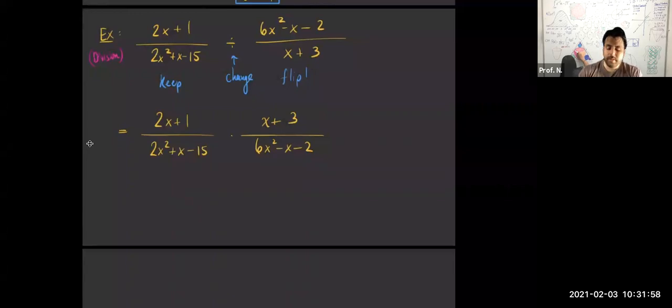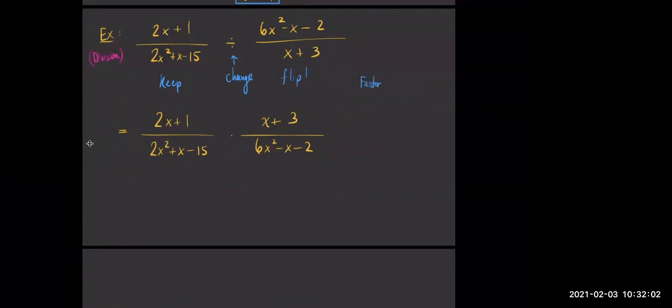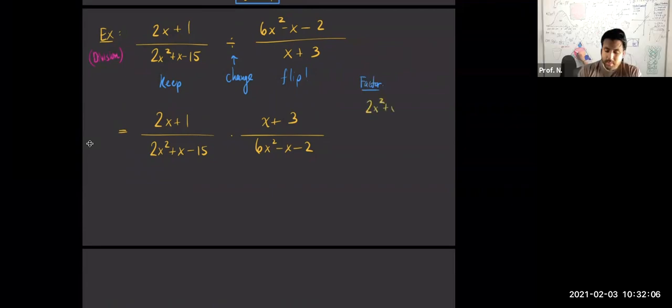I have to factor. Can I factor? What is 2x squared plus x minus 15? I have to multiply 2 and -15, and I get -30. What multiplies to -30 and adds to +1? 6 and -5, good.